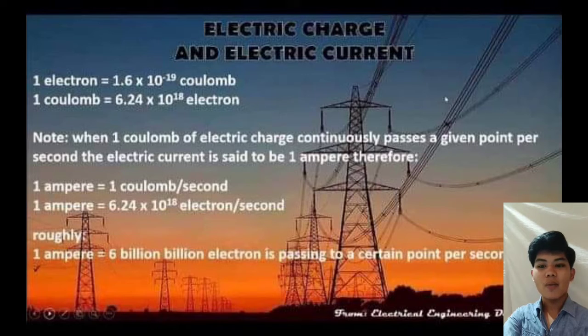Note, when 1 coulomb of electric charge continuously passes a given point per second, the electric current is said to be 1 ampere. Therefore, 1 ampere is equal to 1 coulomb per second. 1 ampere is equal to about 6 billion billion electrons passing a certain point per second.